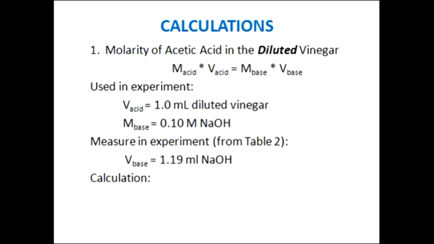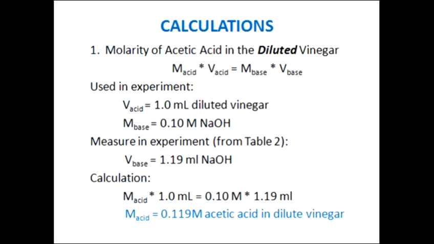We dropped those known values into our equation. The molarity of the acid times the volume of the acid equals the molarity of the base times the volume of the base, and we find that the molarity of our diluted acid was 0.119 molar.